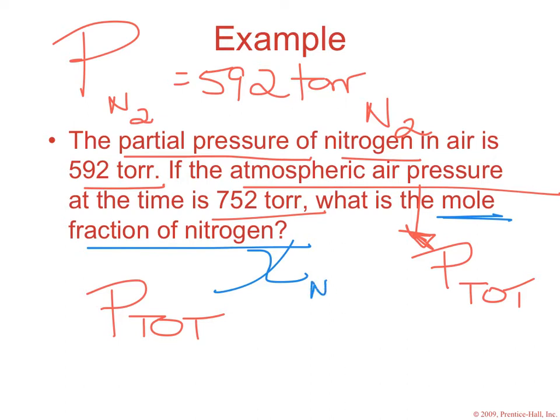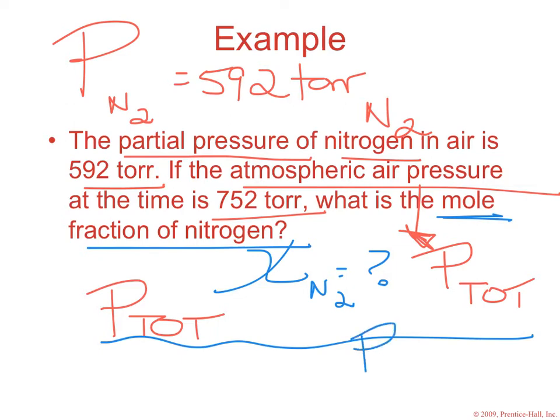So we're looking for the mole fraction of nitrogen, okay? We just had a formula that relates mole fraction and pressures of gas, and it was that the pressure of any individual gas, in this case nitrogen, equals the mole fraction of nitrogen times the total pressure.